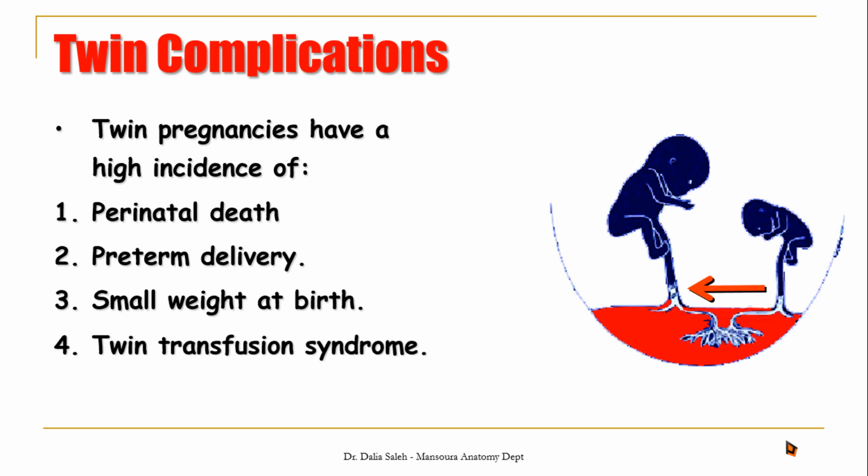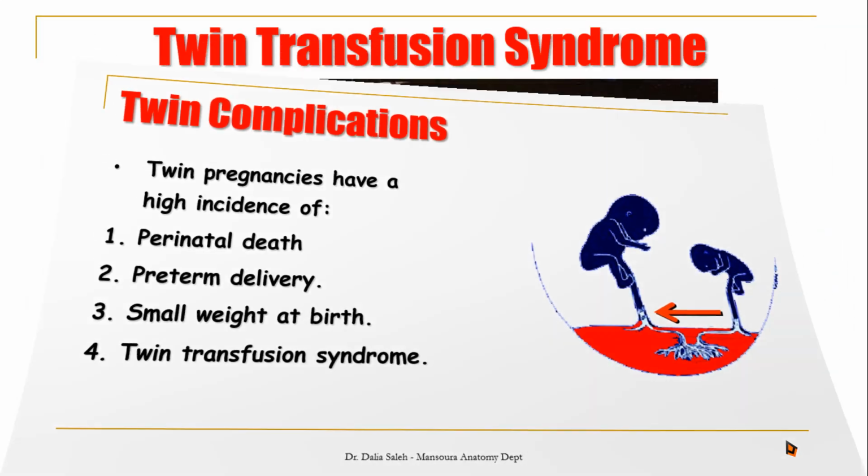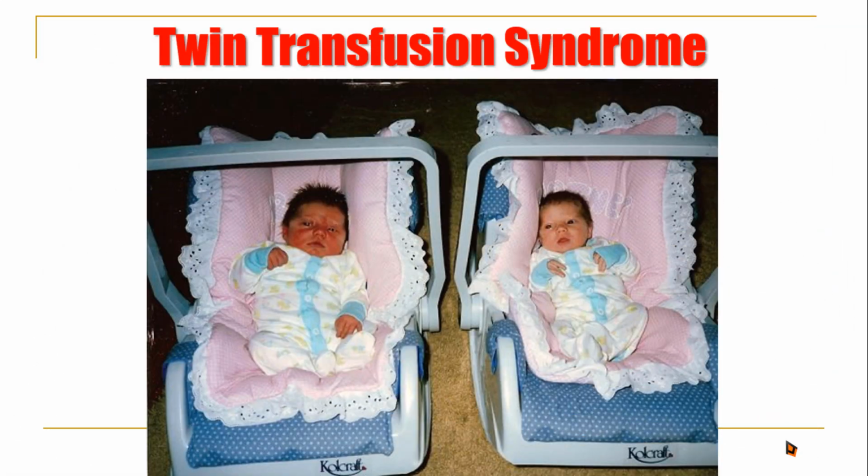So one of them will be small in size and the other one will be large in size. As we can see here, this baby is pale and smaller in size in comparison to his twin brother.